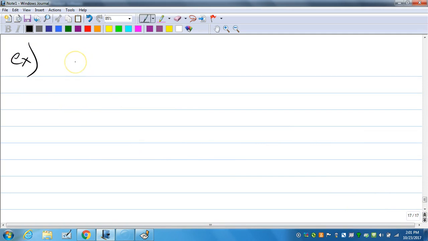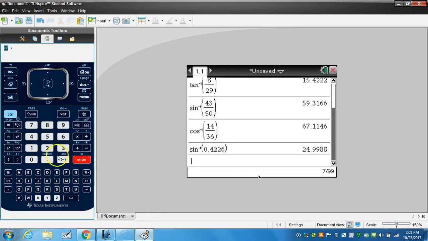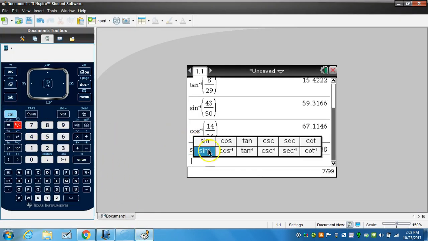Let's do figure one on the calculator real quick. What is the cosine of angle X if that is going to give us 0.6101? I don't know. Let's figure it out. What angle X degrees is equal to trig.